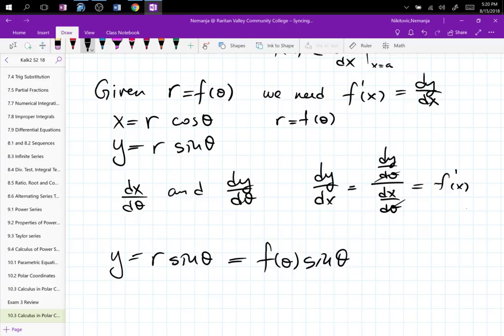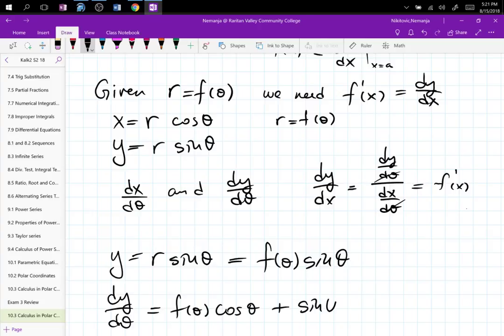The reason I'm rewriting this is to make sure that I see that this r is not a constant, it's a function with respect to theta, so that I am actually doing what I have to do, and that is the product rule. So to find dy d theta, I do the product rule: copy the first times the derivative of the second, plus copy the second times the derivative of the first, which is f prime of theta.